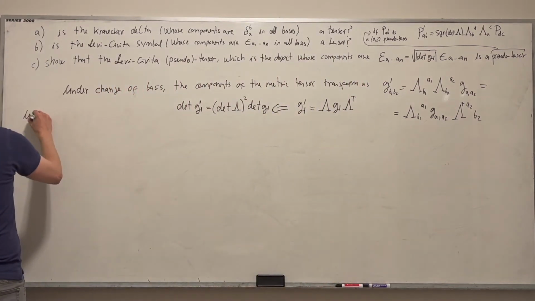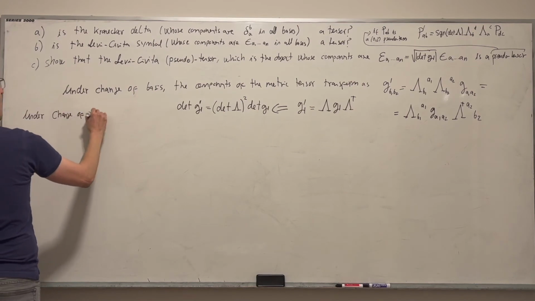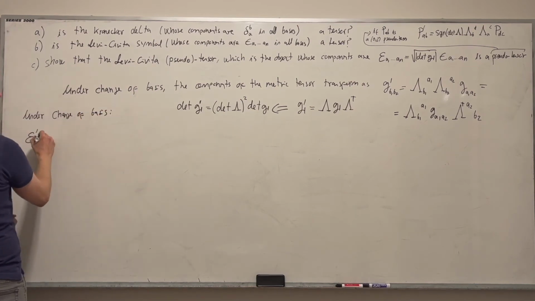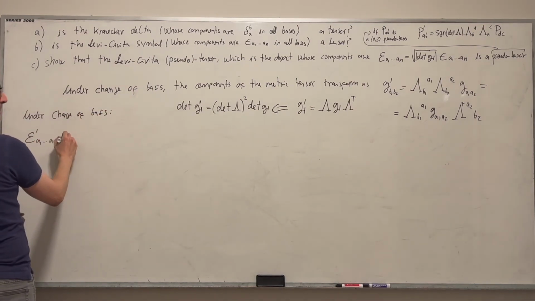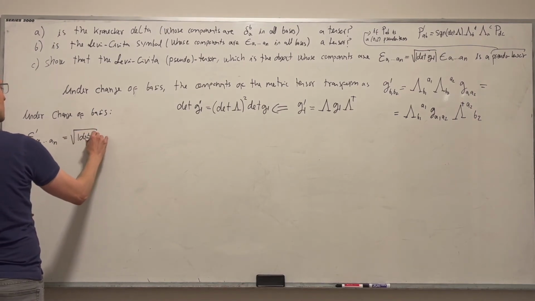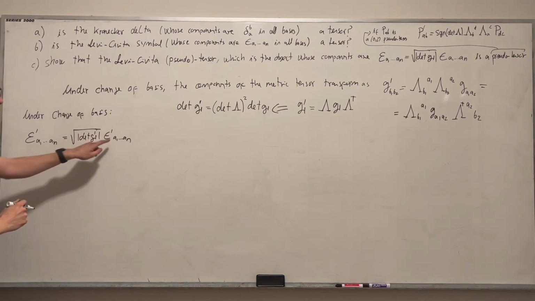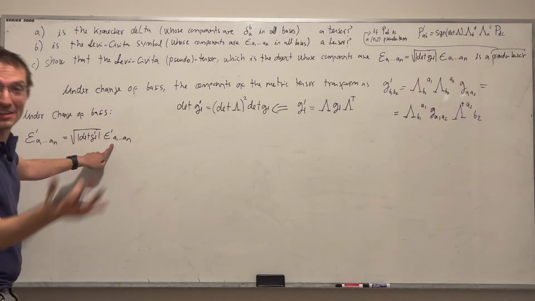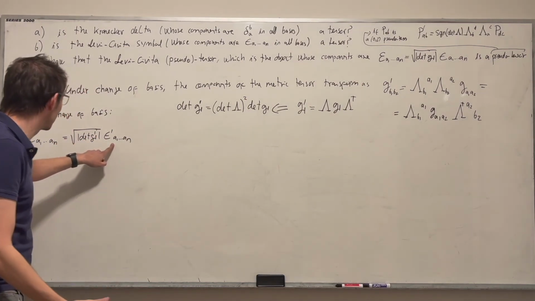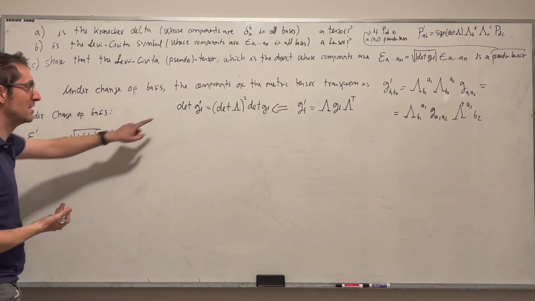So under change of basis, we have the Levi-Civita pseudo-tensor epsilon prime A1, AN should be equal to the square root of the determinant of G prime, and then the Levi-Civita symbol prime, A1, AN. But I know how the Levi-Civita symbol changes. By definition, it's the same in all bases, and I know how the determinant of the metric changes, which is this thing.